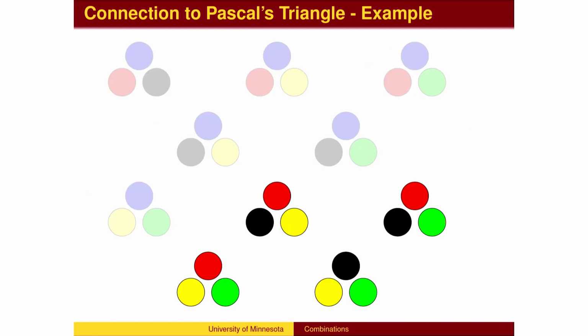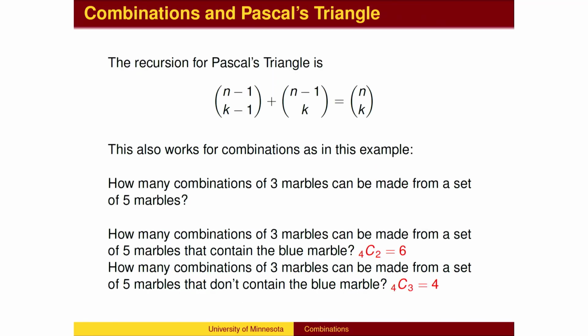The other piece comes from those combinations that don't include blue, in which case we need to choose 3 of the remaining 4, which is 4 choose 3. Altogether, we get 5 choose 3 by adding 4 choose 2 and 4 choose 3. 4 choose 2 is the combinations that include blue, and 4 choose 3 is the combinations that don't include blue.